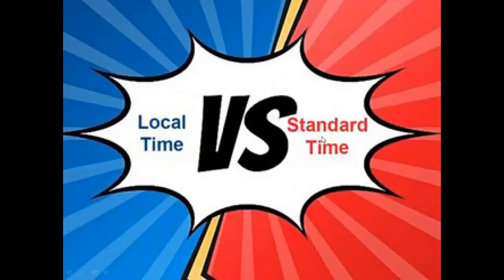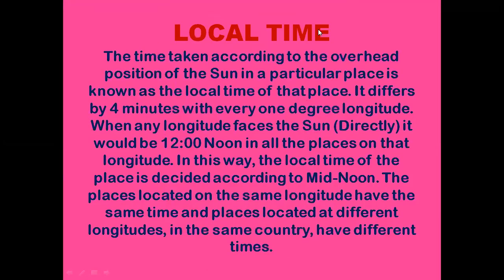Now, what is local time and standard time? So just see local time versus standard time. Let us understand the local time. The time taken according to the overhead position of the sun in a particular place is known as the local time of that place. It differs by 4 minutes with every 1 degree longitude. That is what we read in the previous slide.